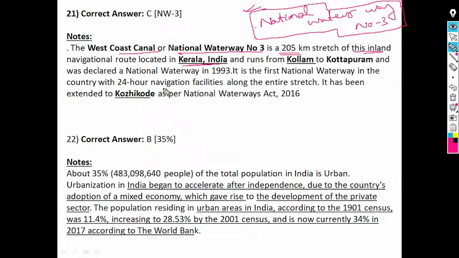It runs from Kollam to Kottapuram and was declared a National Waterway in 1993. It is the first national waterway in the country with 24 hours navigation facilities along the entire stretch. It has been extended to Kozhikode as per the National Waterway Act 2016.